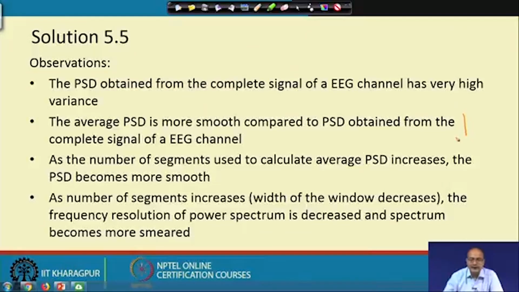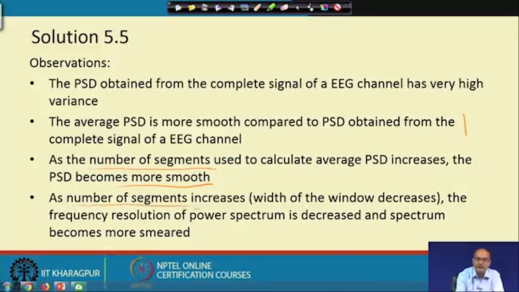And the next observation is, as we increase the number of segments used for averaging, we get a more smooth PSD, but this smoothness comes at a cost.